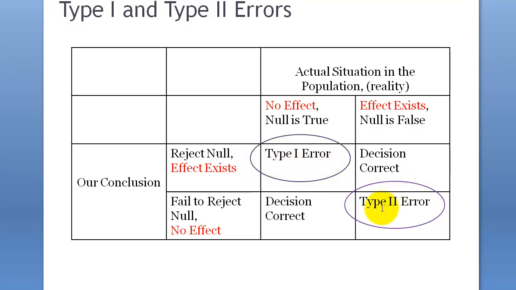Type 2 error is not rejecting the null hypothesis, failing to reject it, so no effect. We're keeping the hypothesis that there's no effect, so we're not going to do anything. There's an intervention which is actually effective, but we're not going to use it.